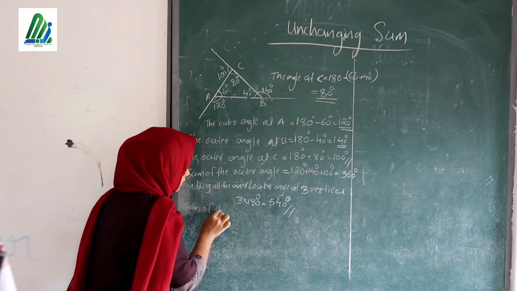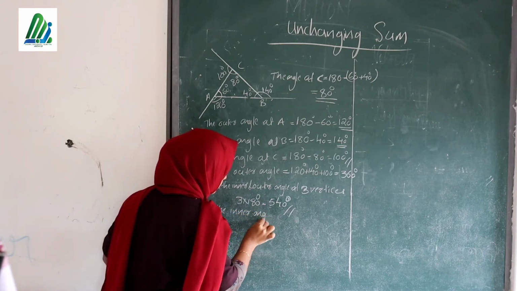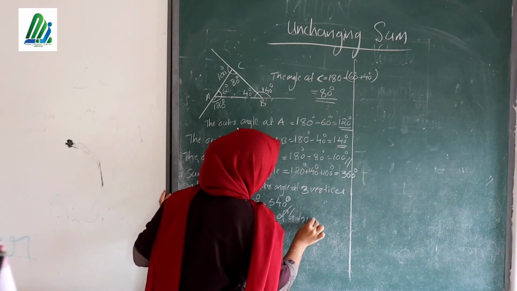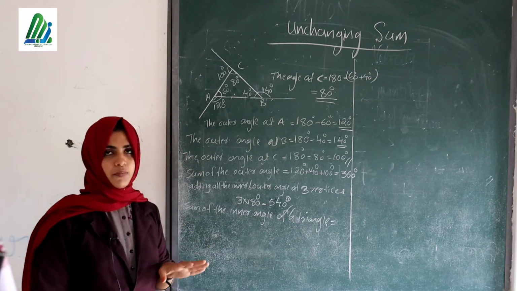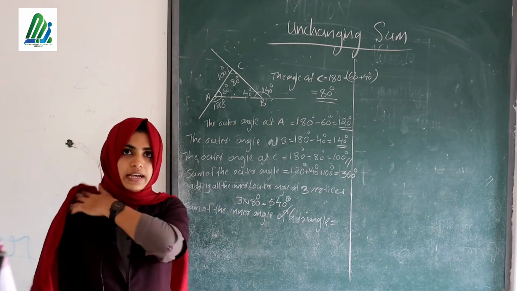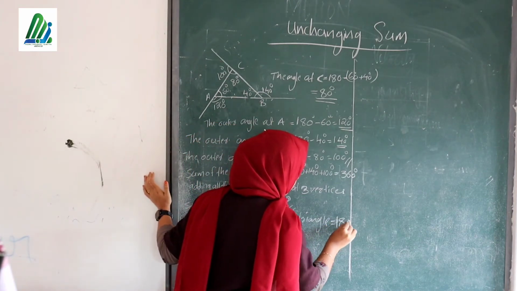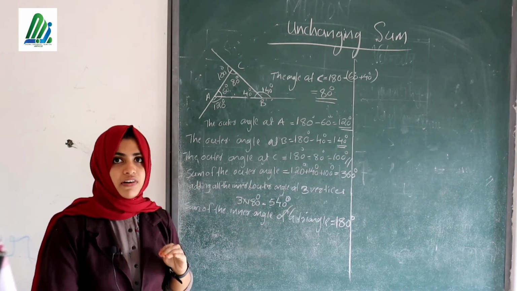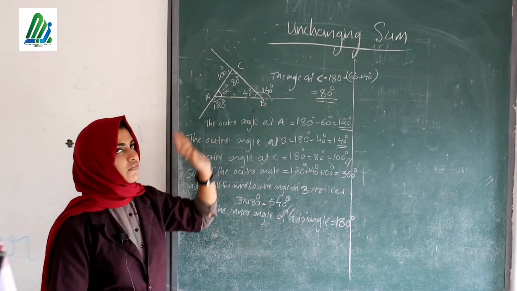Then what is the sum of the inner angles of a triangle? We already learned that when we add the inner angles of a triangle, we get 180 degrees. And we want to find the sum of the outer angles of a triangle.